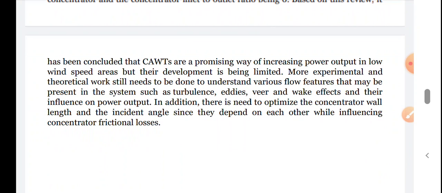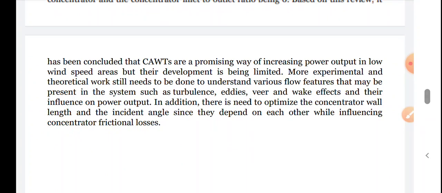So more work needs to be done to understand the wind flow features in the concentrators, and also the wind system behavior in the turbulence, eddies, veer and wake effects, and what the effect of these is on the output power.